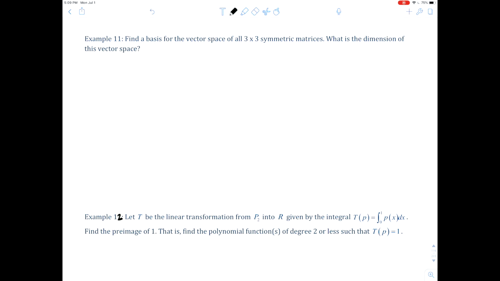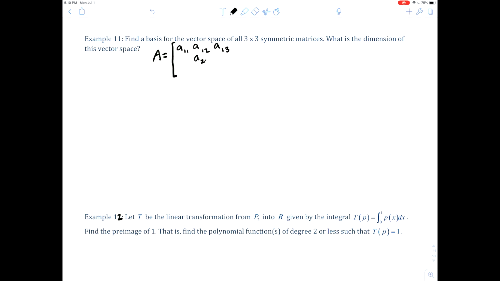So the trick to something like this is you have to know, well, what does a 3 by 3 symmetric matrix look like? Well, if we say that A is equal to any vector that's in that set, and I say this is A11, A12, A13, what has to be true?